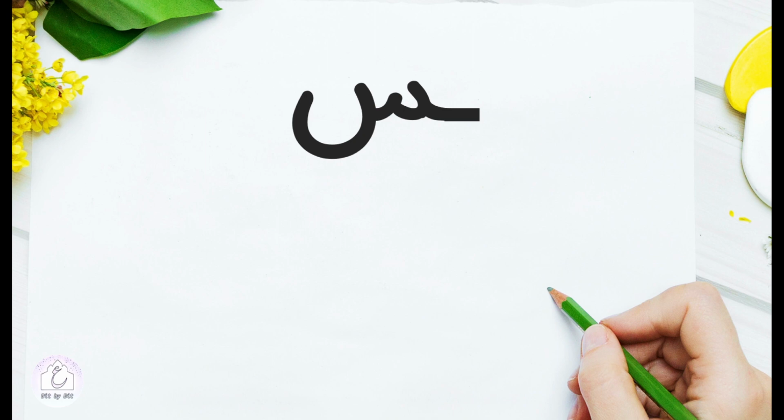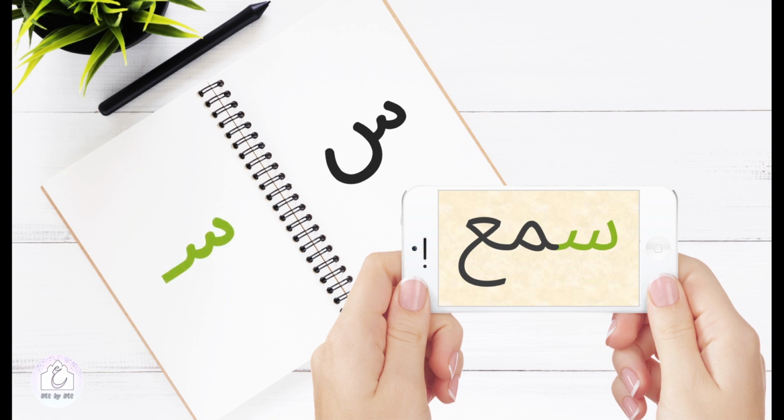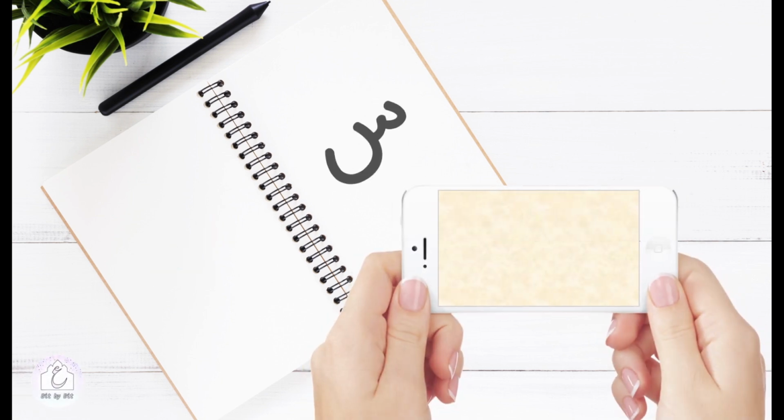To see these different positions in actual words, let's check some examples. In the initial position, seen loses its tail to continue into a connecting segment leading to the following letter. In the medial position, seen also loses its tail, and it has two connecting segments.